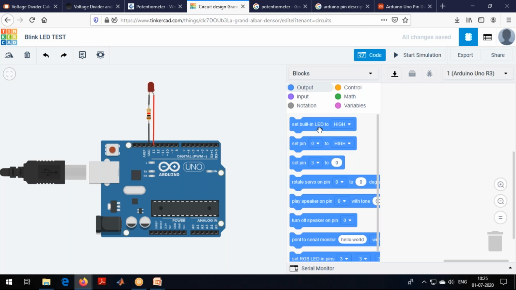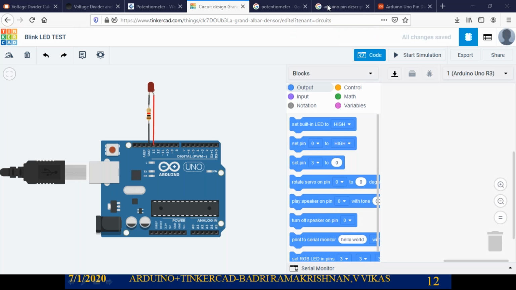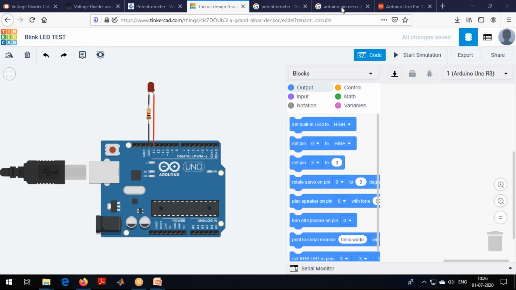Okay, one more thing you need to remember is this complete block has a built-in LED. Right now I am pointing at this particular point, right? This L, whatever you see inside that, that is built-in LED basically.